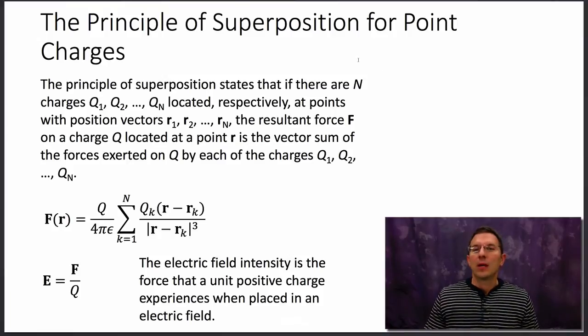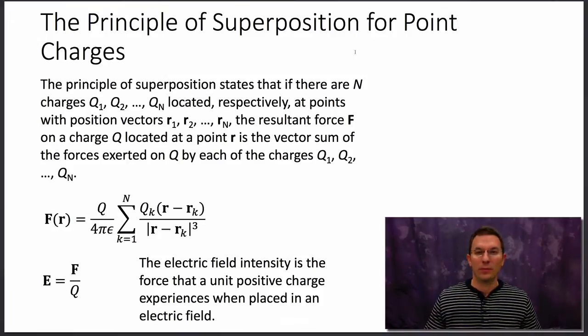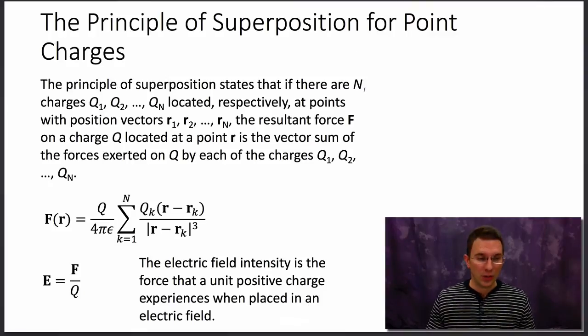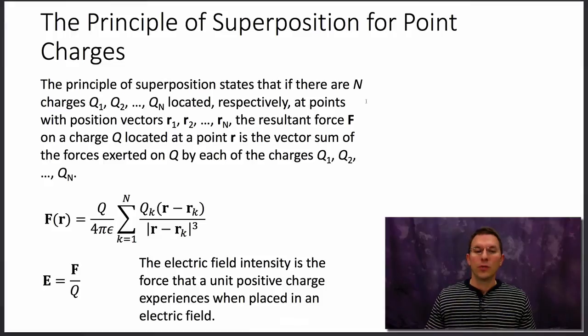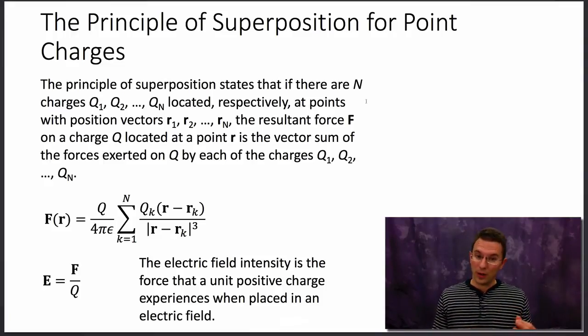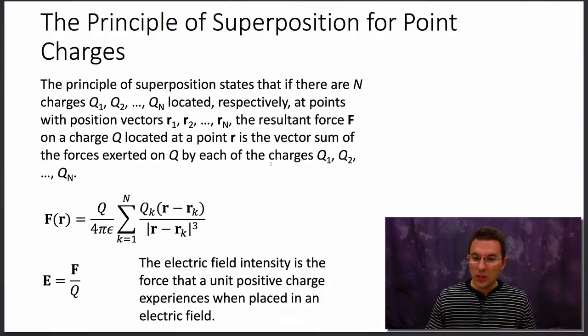Well, what happens if we have an arbitrary number n, say, of charges distributed in space? The principle of superposition states that if you have n charges, Q1 to Qn, located respectively at points with position vectors r1, r2, etc. up to rn, the resultant force, F, on a charge Q located at some other point r is the vector sum of the forces exerted on Q by each of the charges, Q1, Q2, and up to Qn.